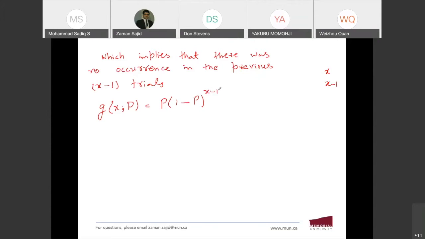Now this 1 minus p here is the parameter of the distribution, in particular the geometric distribution.